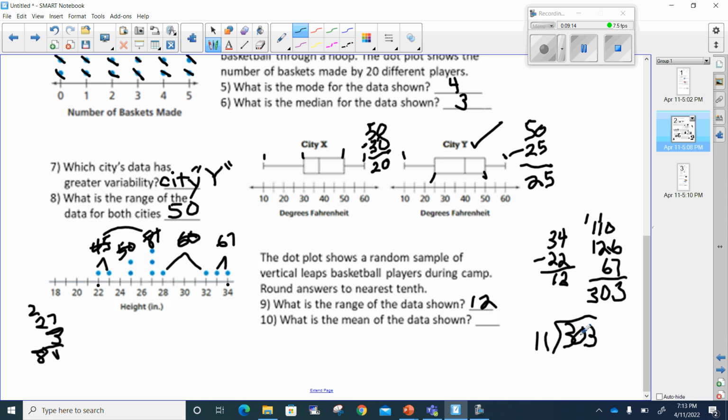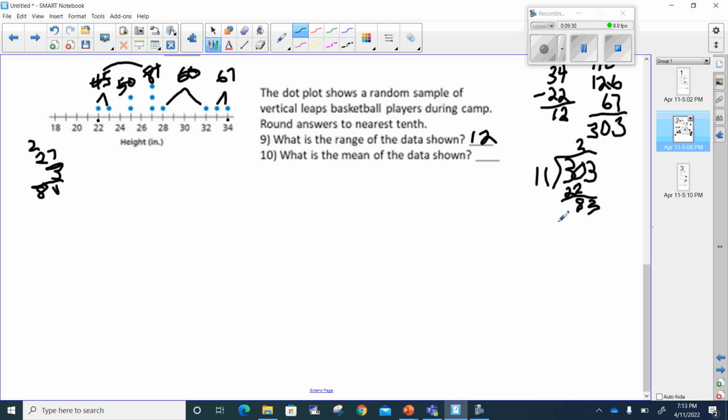I know 11 goes into 30 2 times, and that'll give us 83. I also know that 11 goes into 83 7 times, which makes 77. And that's going to give me 6 left over.